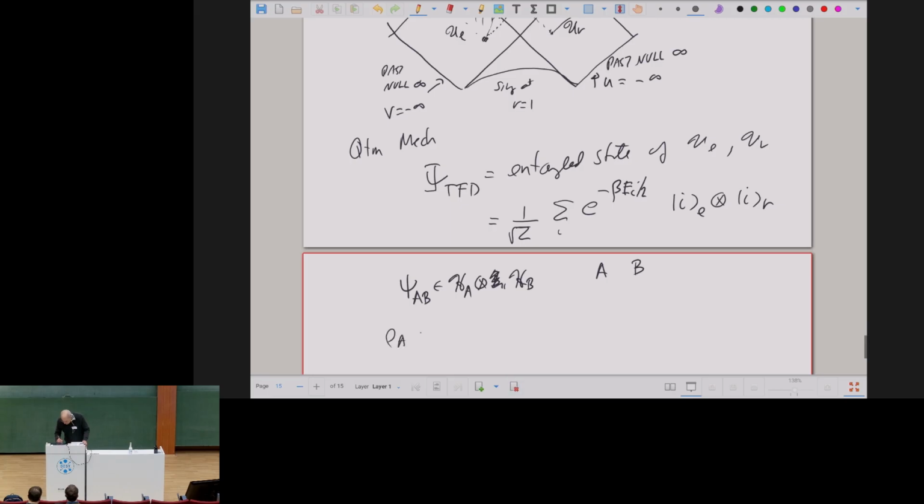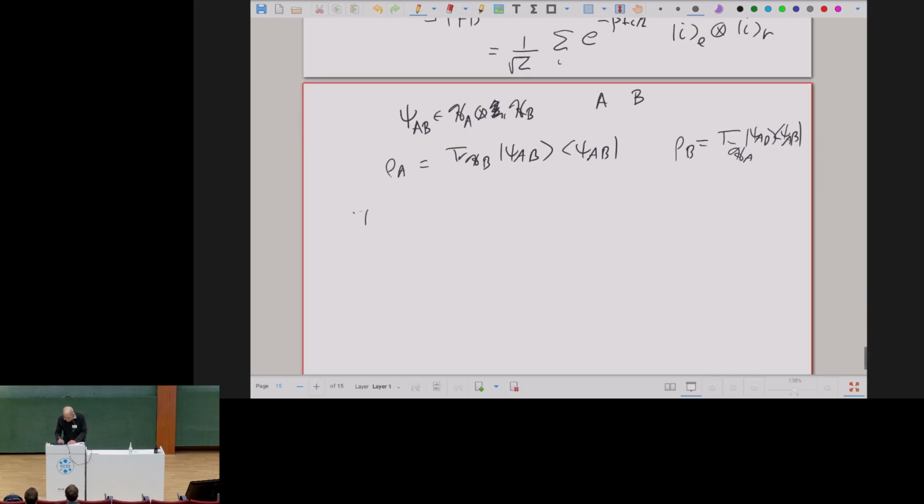And there are corresponding density matrices. Everything I can do, assuming I'm in lab A, is to make measurements in rho A. Everything you can do is to make measurements in rho B. If I manipulate the state, so if A manipulates the state, A can operate by psi AB going to UA tensor 1 on psi AB.